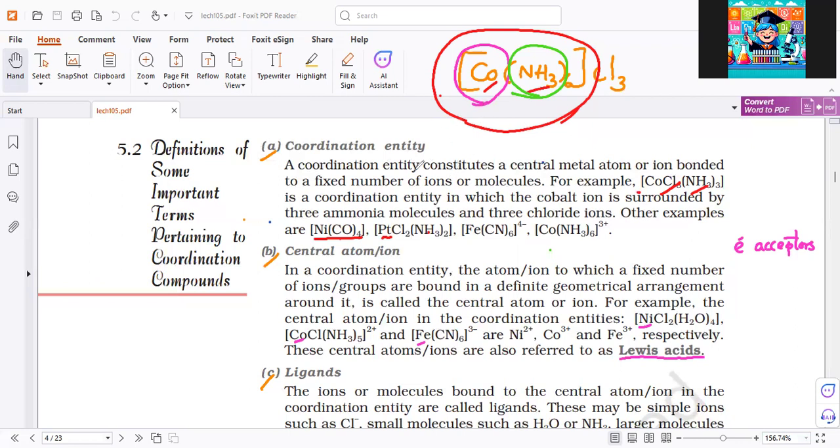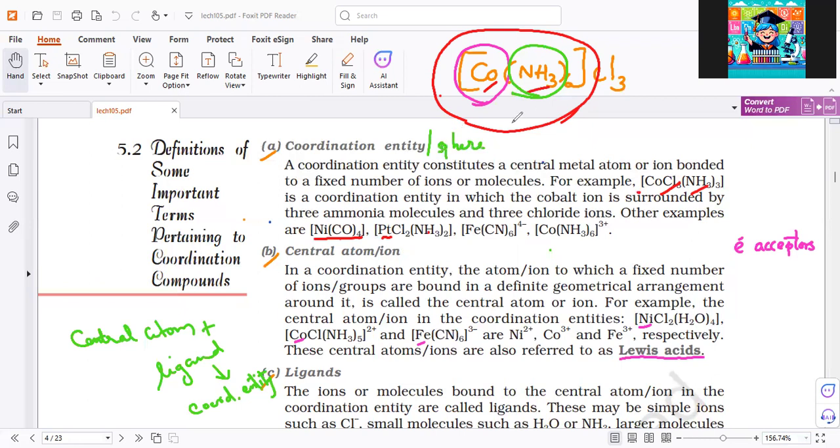So how can we write it? Central atom plus ligand will give you the coordination entity or coordination sphere. Both terms are used.